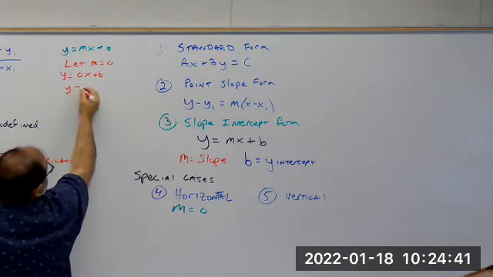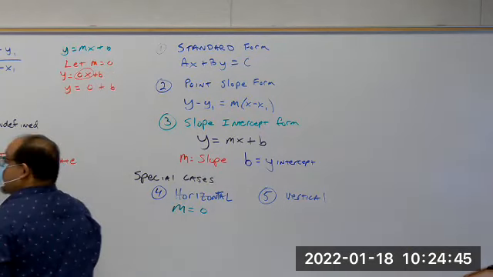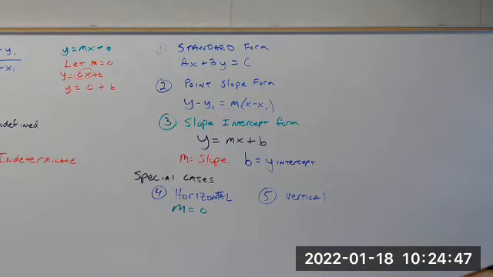I get y equals 0 plus b, because 0 times x, that product, is always 0, which means there ain't no more x.